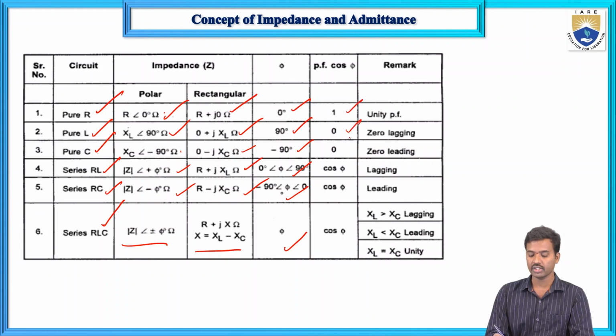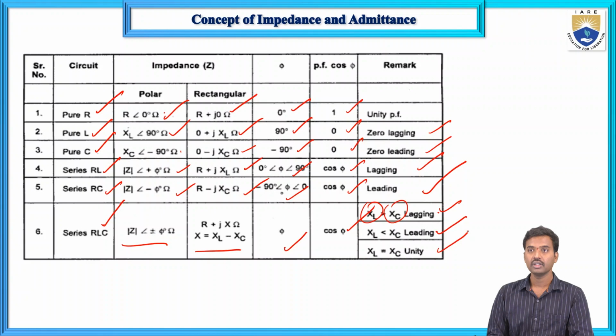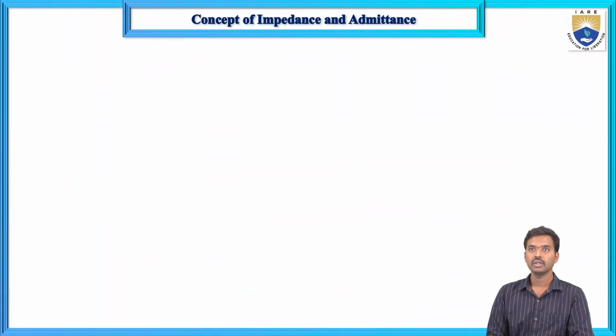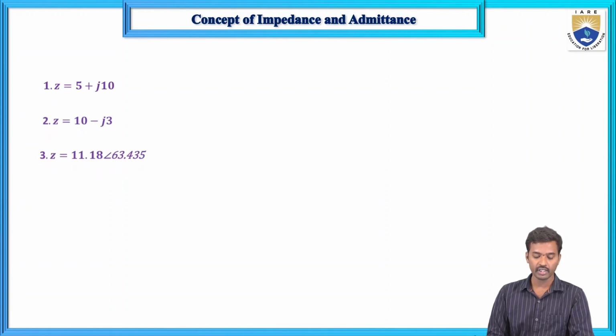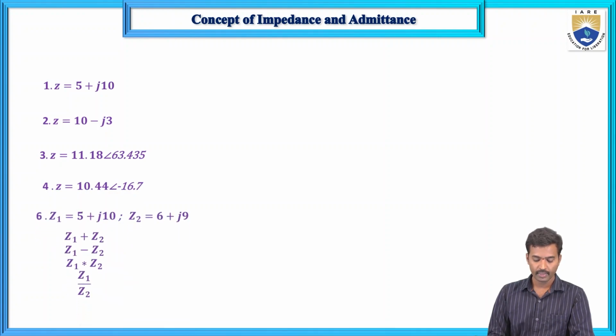Power factor is cos phi. Here the remarks for this one: pure unity power factor, lagging power factor, leading power factor. If XL is greater than XC, that is lagging, and otherwise leading. Next, this is the polar form and rectangular form.